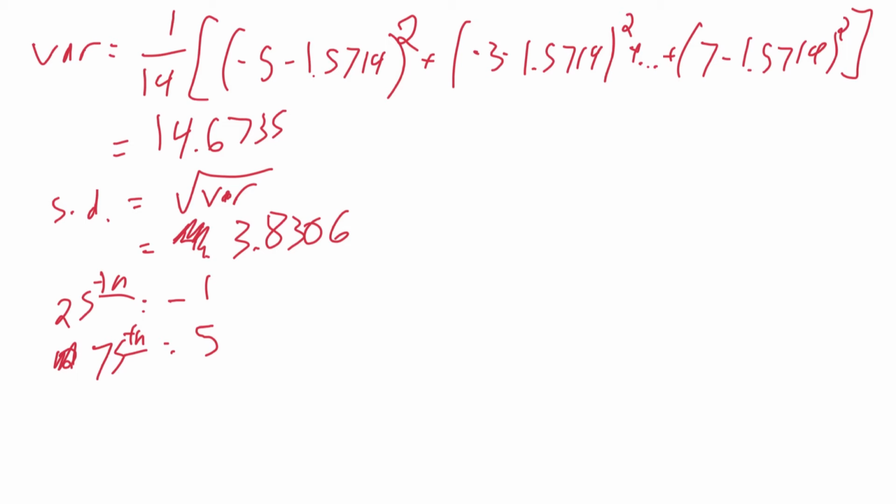So let's draw this box and whiskers plot. I start with the minimum value, which is minus 5, and I draw a whisker up to the 25th percentile, minus 1. Then I draw my box. The median is up at 1. The 75th percentile is at 5.